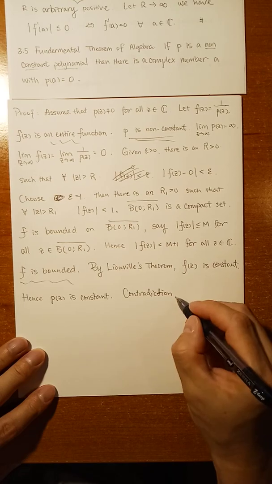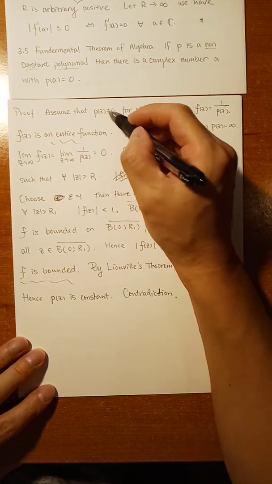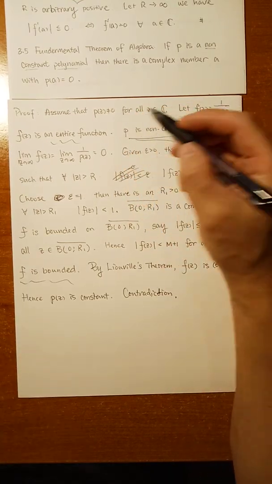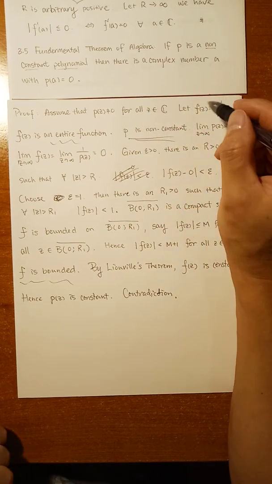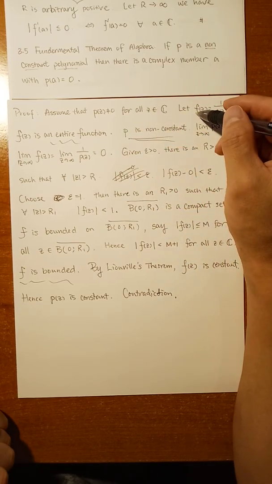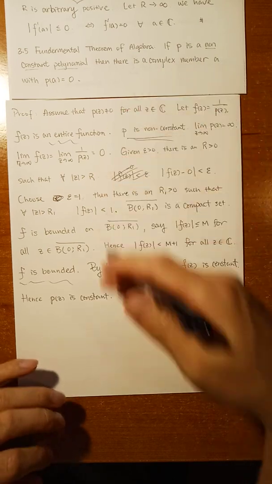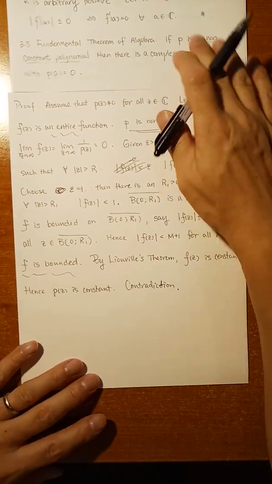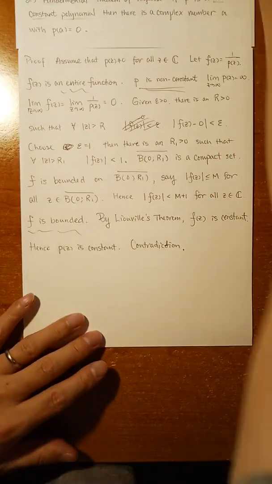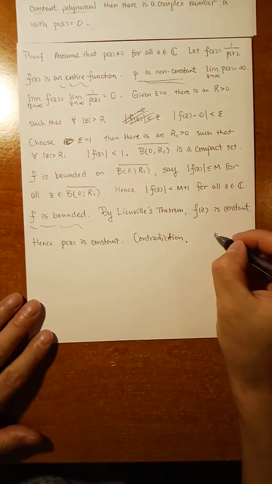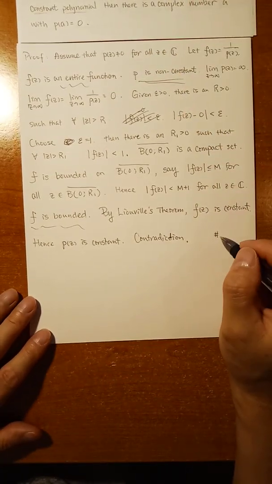The contradiction comes from our assumption that p of z is not equal to 0 for all z, which gave the well-definedness of f. If this function is not well-defined at all, you don't have such an argument. All right, so we finished the proof of the fundamental theorem of algebra.